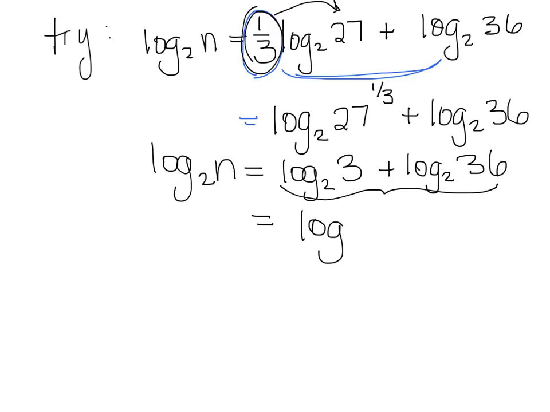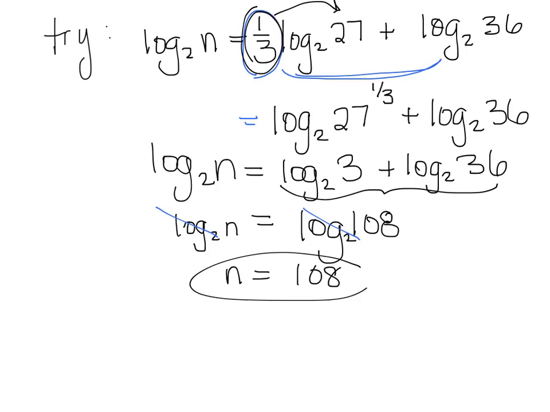Because they had started as the sum of 2 logs, I'm going to take it as 1 log and multiply 3 times 36 and get 108. So that's log base 2 of n. They're both log base 2. Here's where I get to cancel out the logs on both sides. So n is equal to 108. And I'm done. So make sure you have the same coefficients before you condense 2 logs.